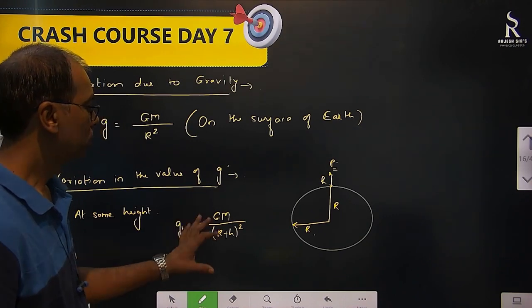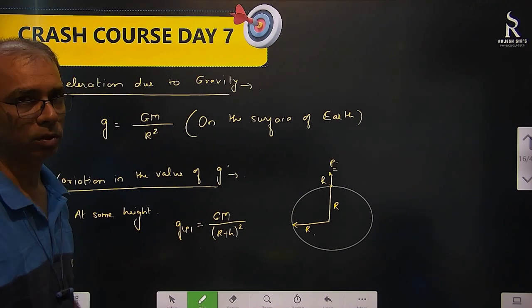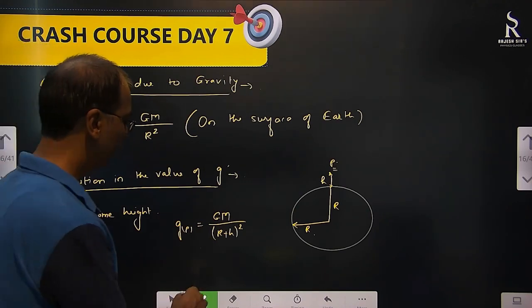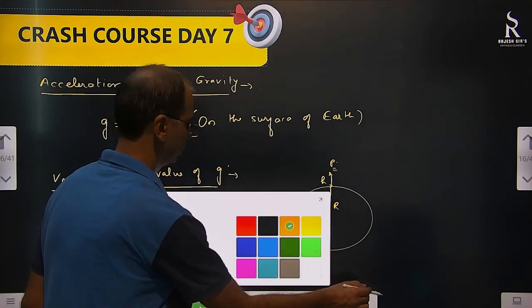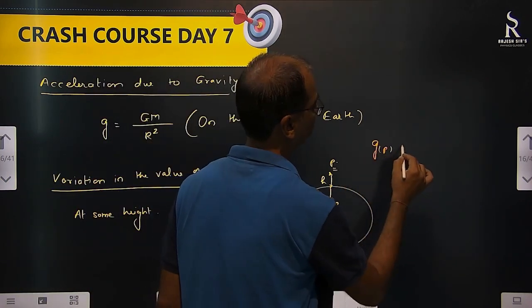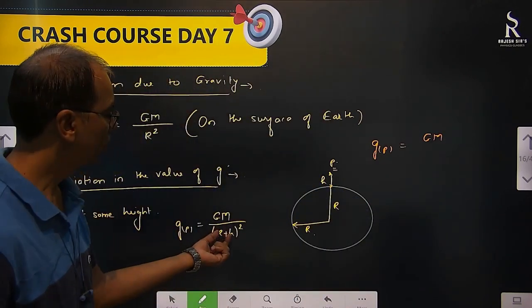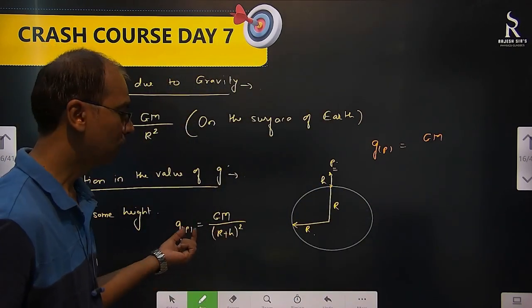But there are two cases in this. If h is very small as compared to r, then we get one formula. Now see what we are going to do. This g at P, we are going to write as GM. From here, I am going to take r common, take r outside.